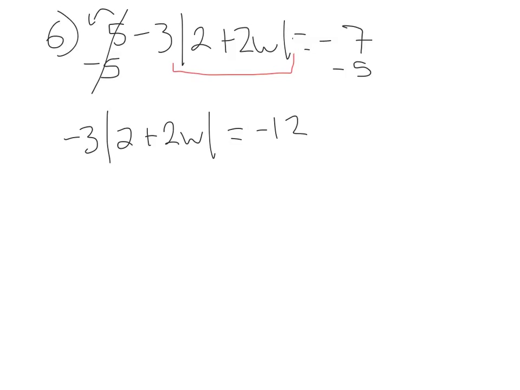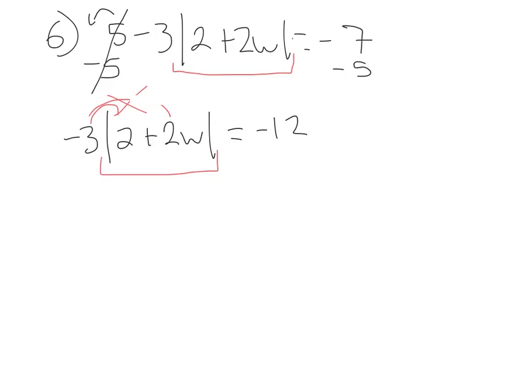All right, so I still do not have the absolute value isolated. Remember that a number next to the absolute value bar means to multiply, but we cannot distribute. We cannot distribute the 3 to the 2 and the 2w because it's an absolute value. So this is what we cannot do.